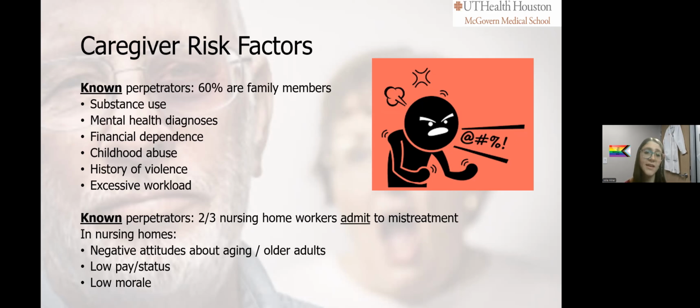But certainly not having support, having your own challenges in your life that have made it more difficult for you just to be a person, much less a caregiver, all of those make it harder to be a caregiver. And I have a colleague in our nursing school who does a lot of research on this. One of the things she found was that a couple things are protective, and one of them is getting enough sleep.